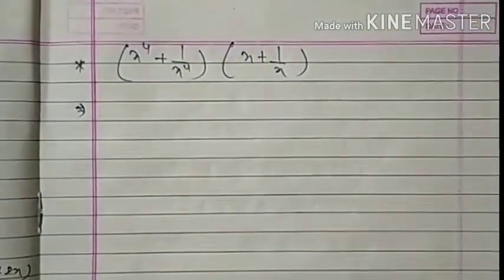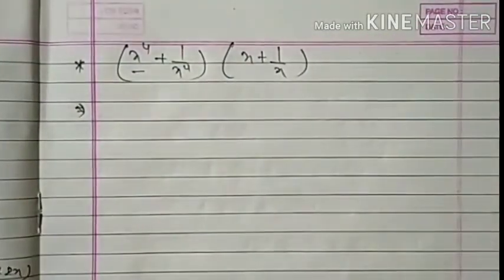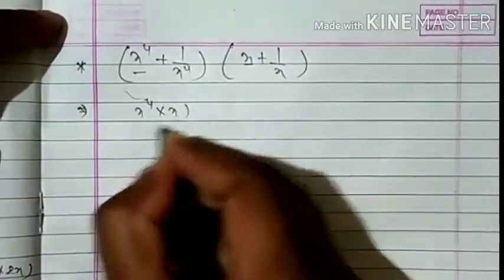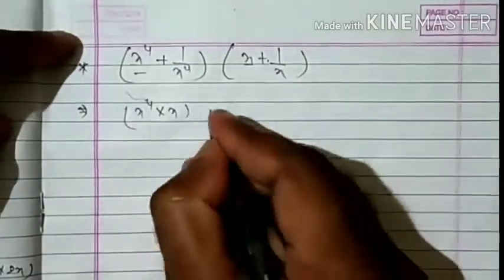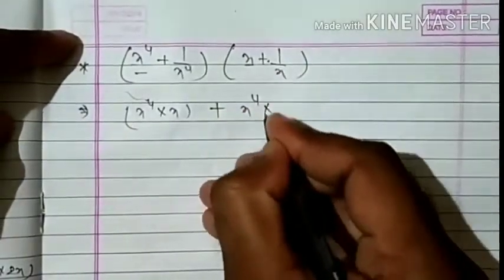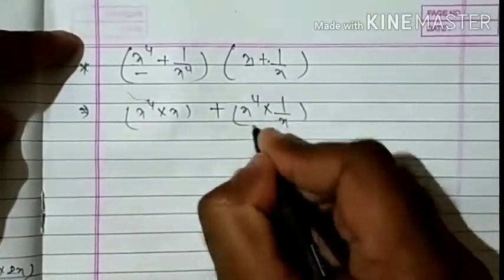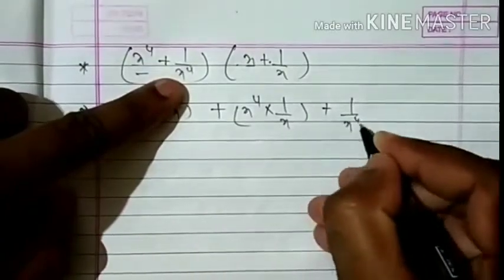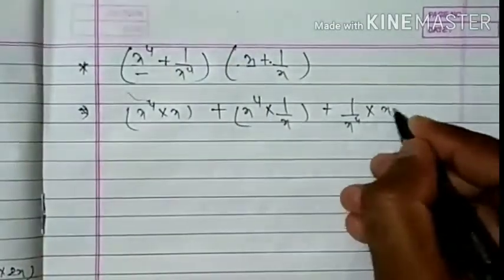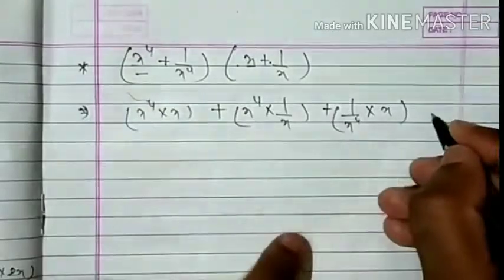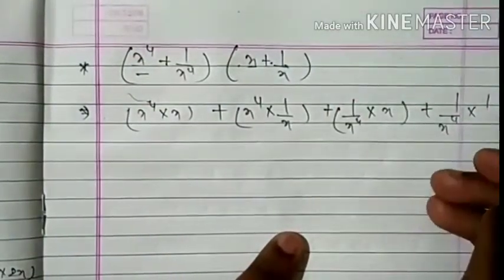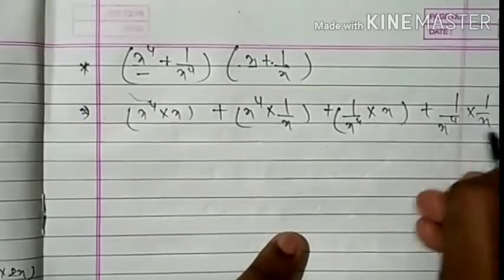So what we will do, x to the power 4 multiplied to x, plus x to the power 4 multiplied to 1 by x, plus 1 by x to the power 4 multiplied to x, plus 1 by x to the power 4 multiplied to 1 by x.